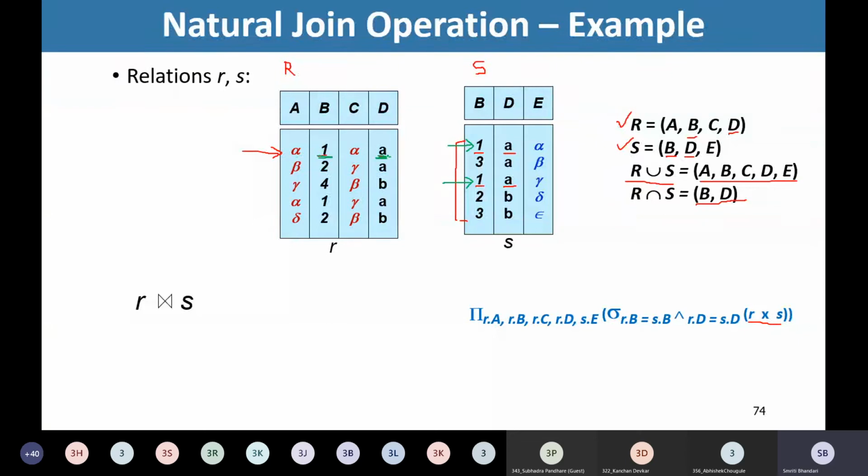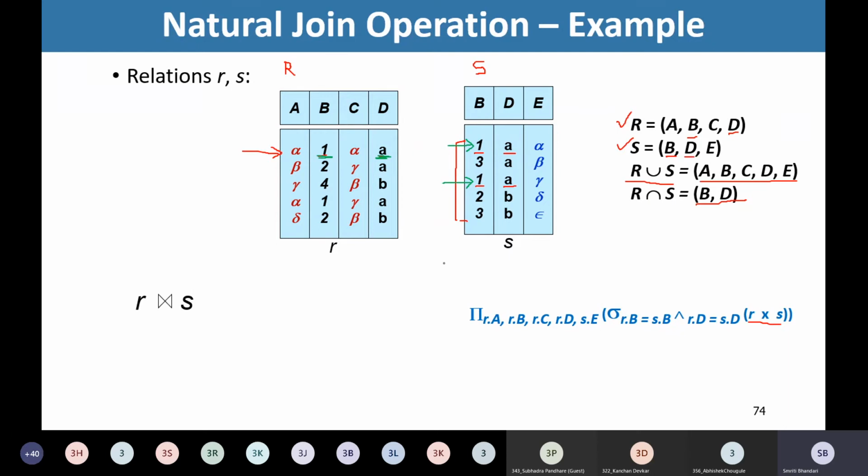So what should we have? We should have alpha 1, alpha A, alpha, and alpha 1, alpha A, gamma. Right? So for this first tuple in R, we'll be having two such combinations because the common attributes have the matching values 1A.